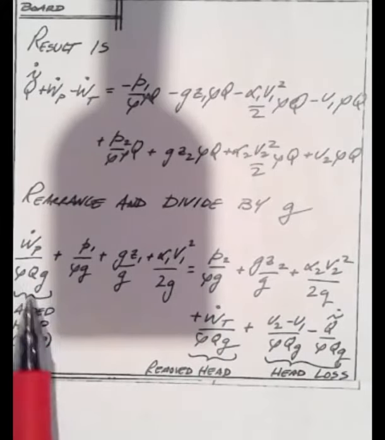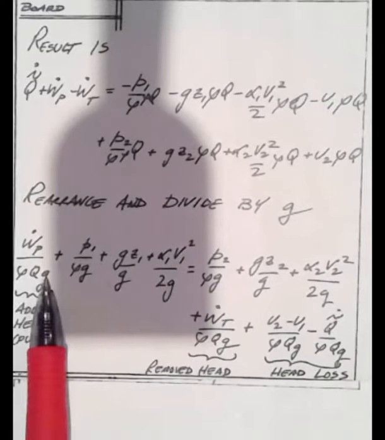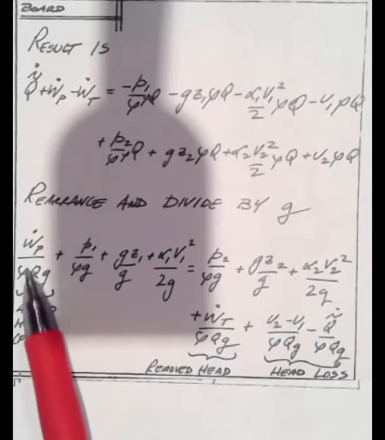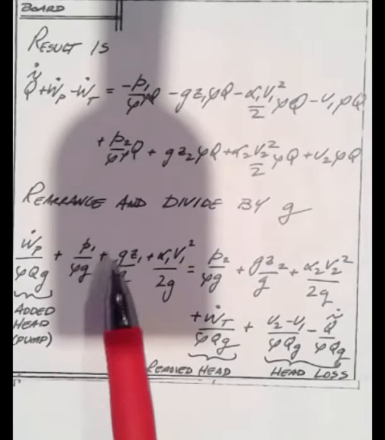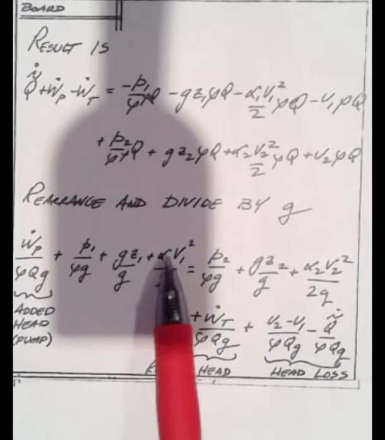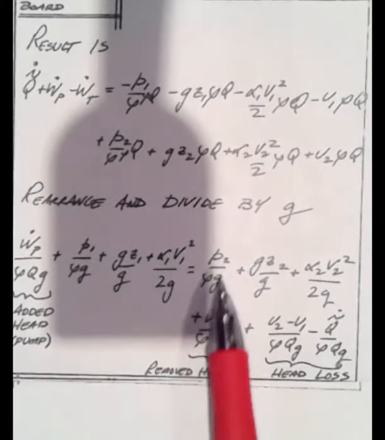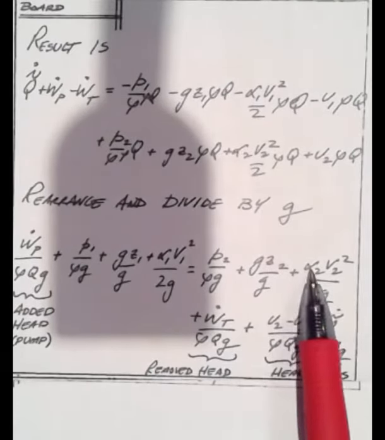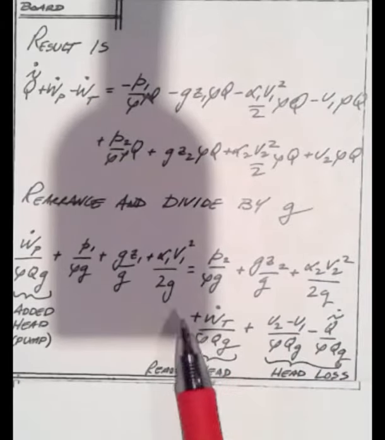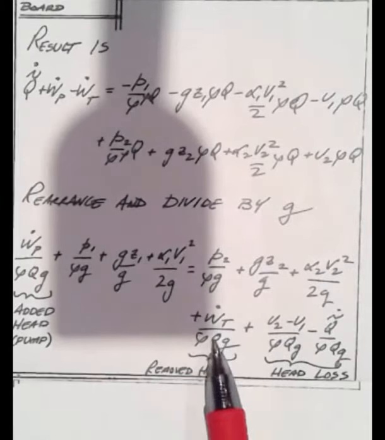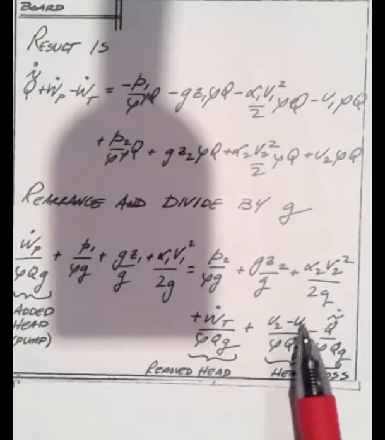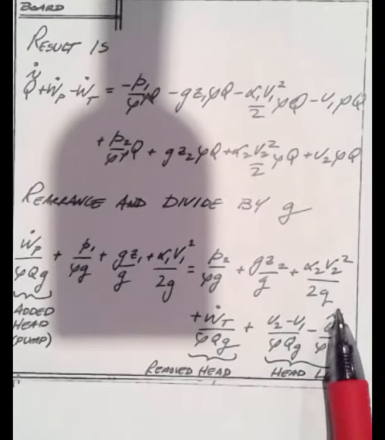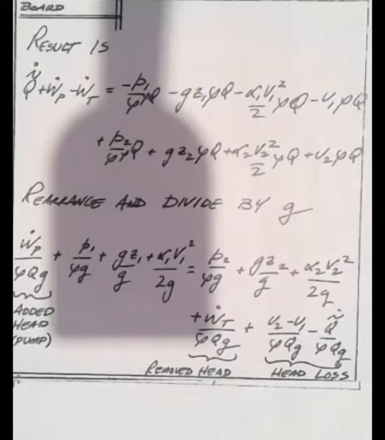So pump work divided by rho Q g, where this Q is discharge, the flow. P1 over rho g plus gZ1 over g plus alpha 1 V1 squared over 2g equals P2 over rho g plus gZ2 over g plus alpha 2 V2 squared over 2g plus turbine work divided by rho Q g plus U2 minus U1 over rho Q g minus heat flux Q dot over rho Q g.